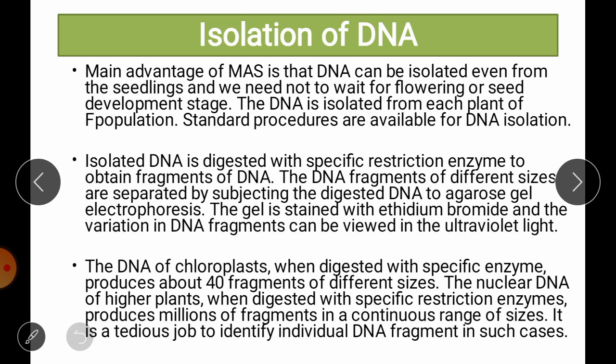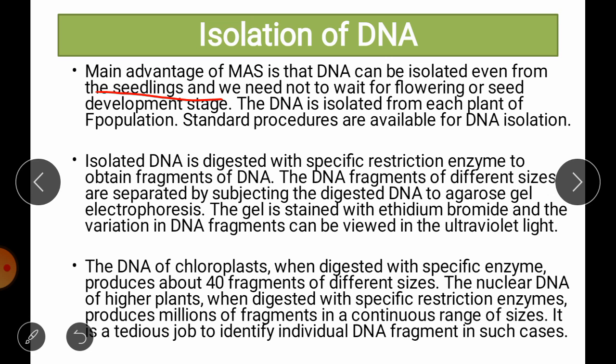So a major advantage of marker assisted selection is that we do not need to destroy a complete plant for isolation of DNA, as well as we can do sampling or leaf excision for DNA isolation even from the seedling stage.